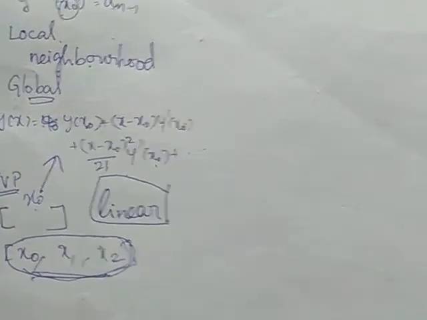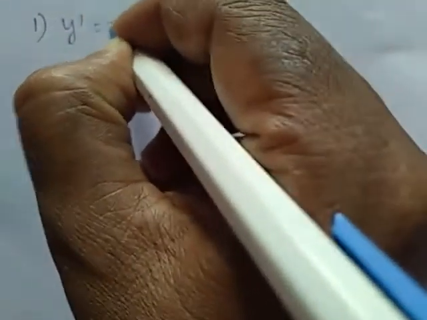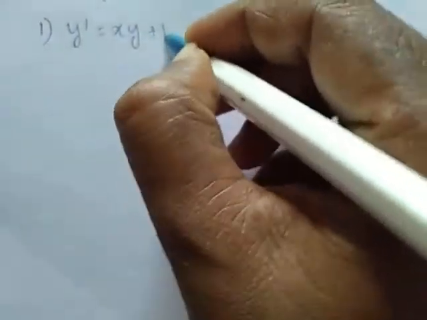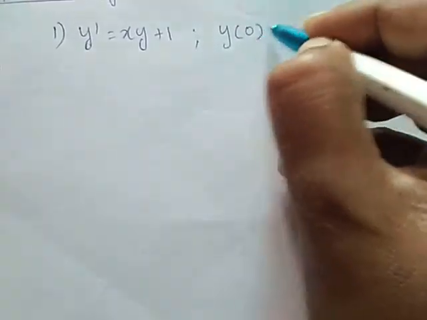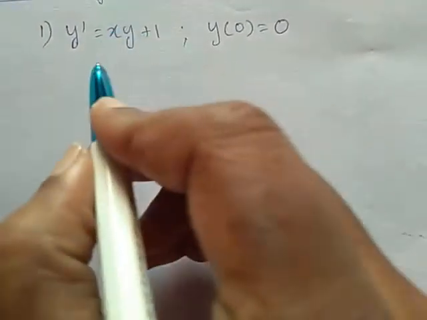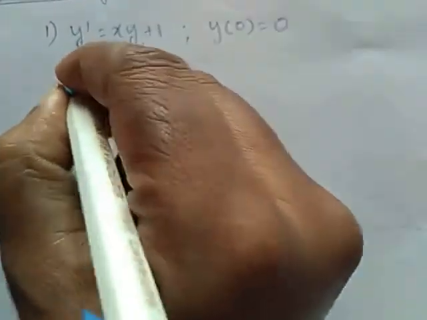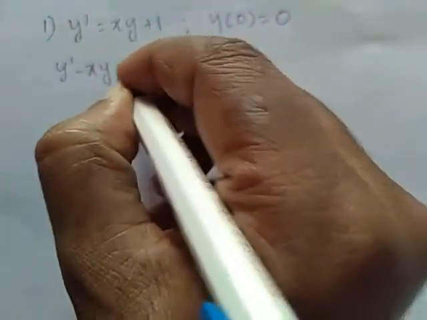For example, if we consider a linear differential equation y dash equal to xy plus 1. It is first order, so only one condition is enough. So our x naught is 0 here. To find the solution, y dash minus xy equal to 1.